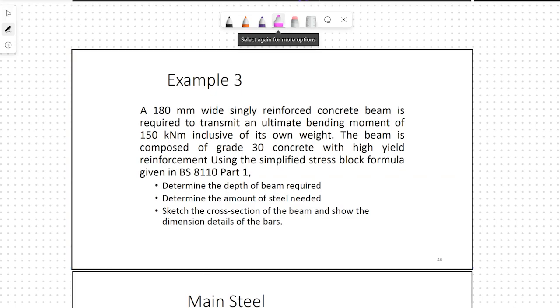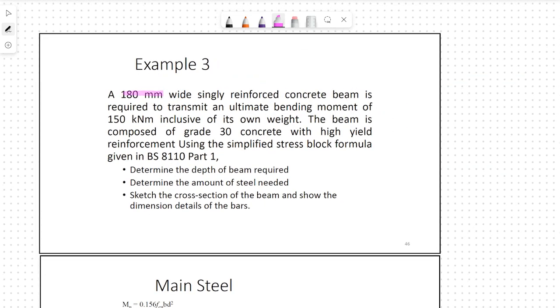Let's read the question. A 180 mm wide singly reinforced concrete beam is required to transmit an ultimate bending moment of 150 kNm. This one we know will refer to the breadth of the beam. If you draw, you will get something like this, right?